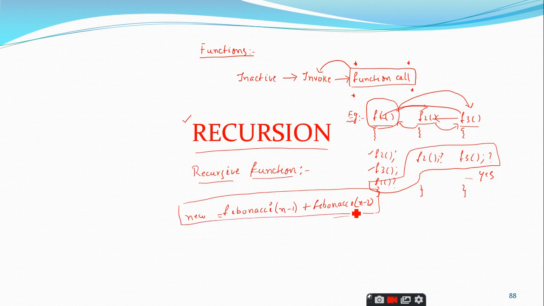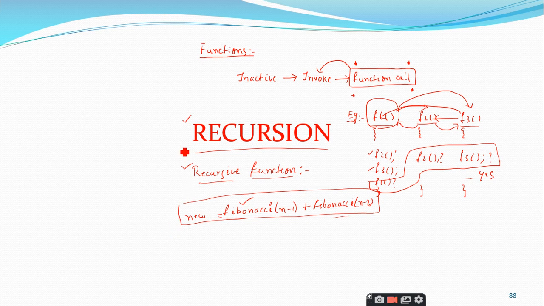Therefore the Fibonacci function is called a recursive function. Why is it called a recursive function? Because it implements the process of recursion. So any function in a C program, if it implements the recursion methodology, we call it a recursive function.